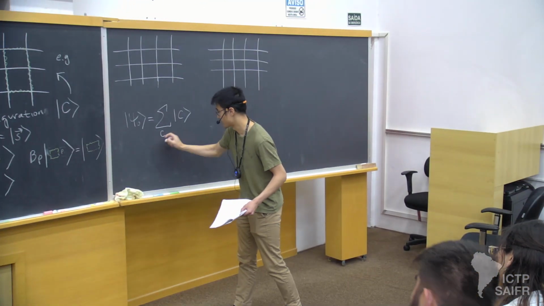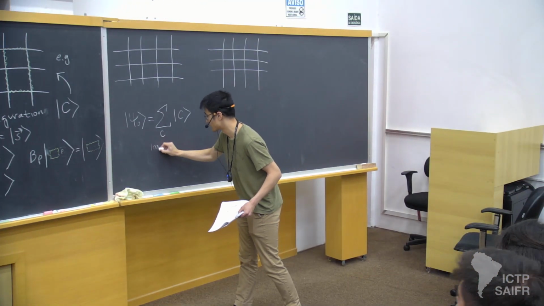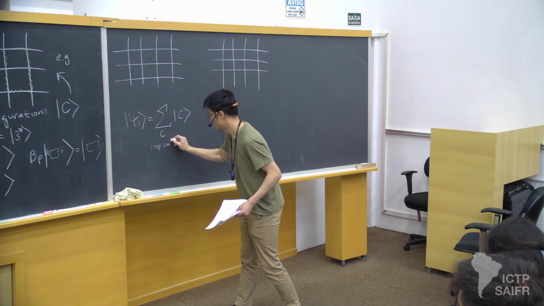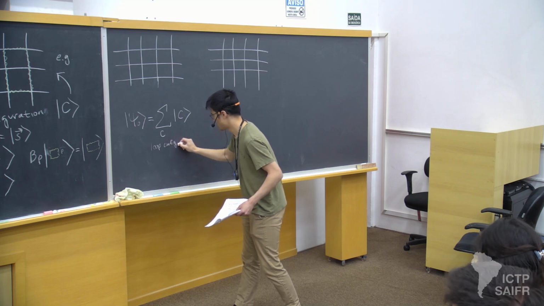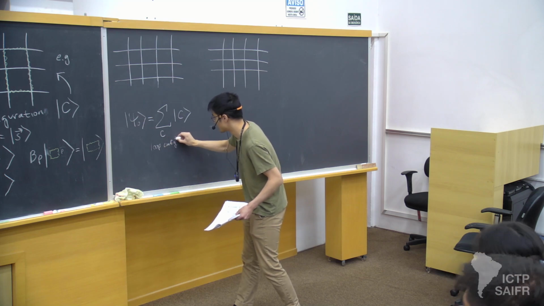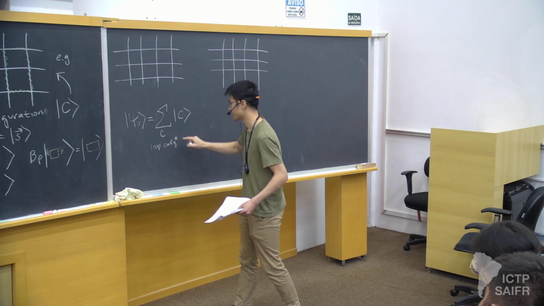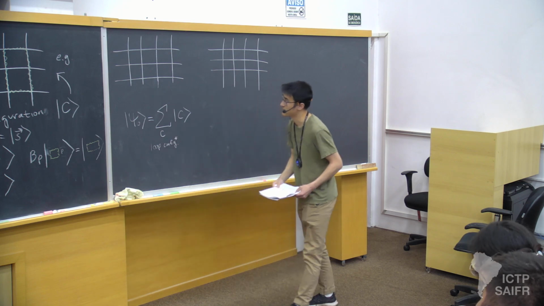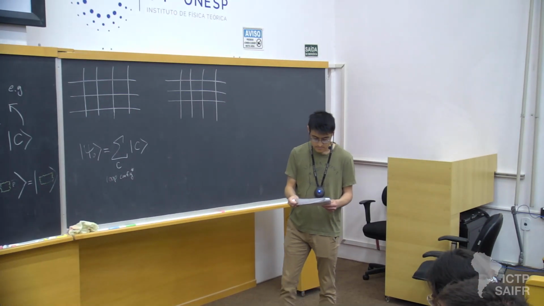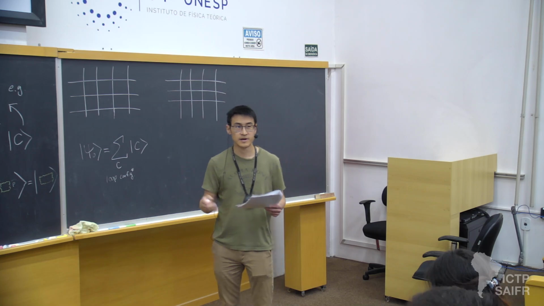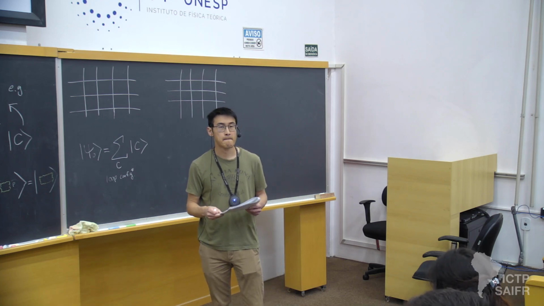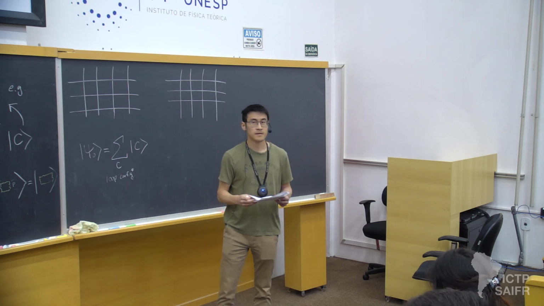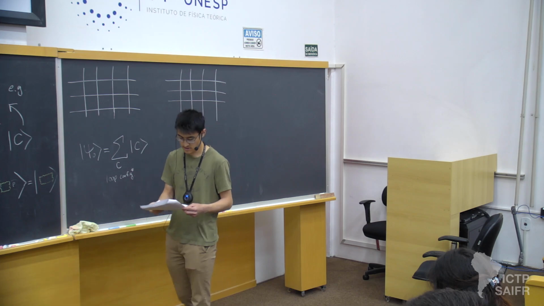Okay, so again, C here denotes loop configurations. Let me put an asterisk here that I'll return to soon. Is this clear? Okay.